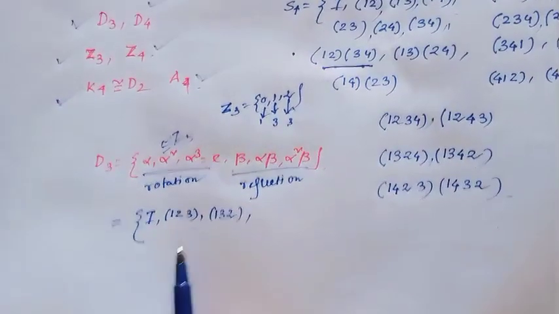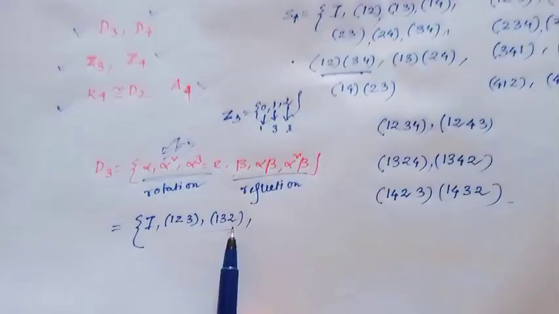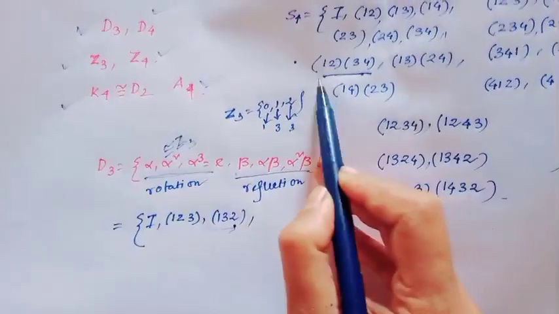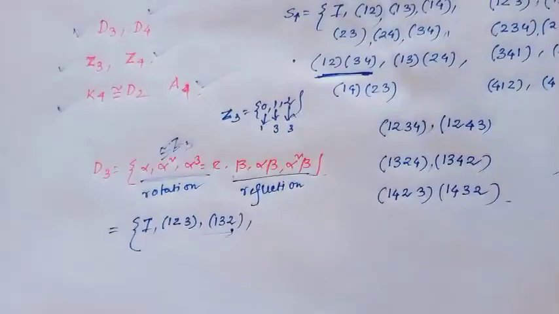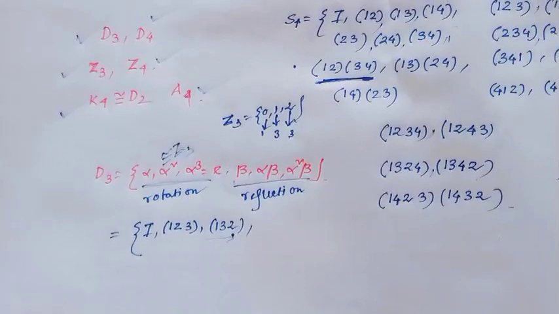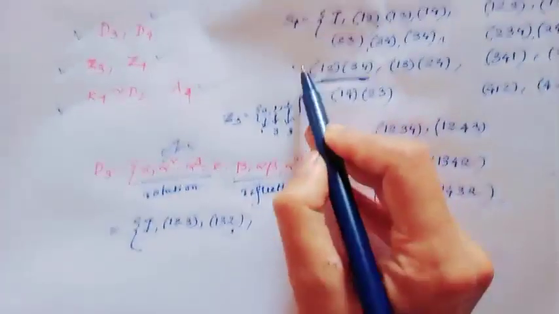But notice the rotation here, (1 2 3), (1 3 2). So if we choose this cycle, then the image of 4 would be different. So we cannot change this part.